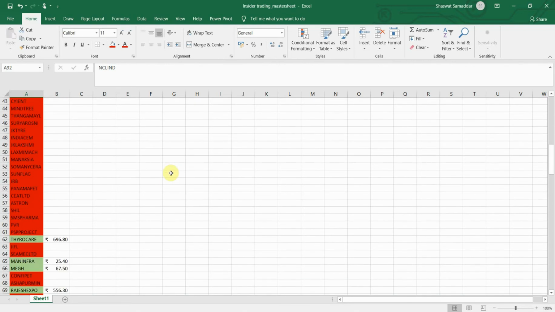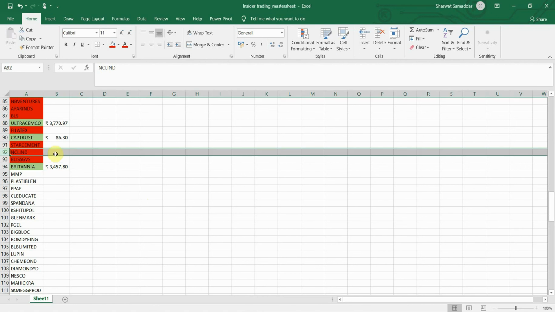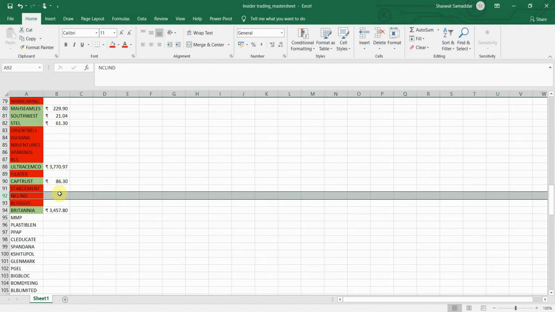But what I can see here is that I accidentally downloaded all the symbol names. So we don't have to worry much because still NCC lend in every stock above that the promoters have bought shares through market purchase which was worth 1 crore or more than 1 crore.